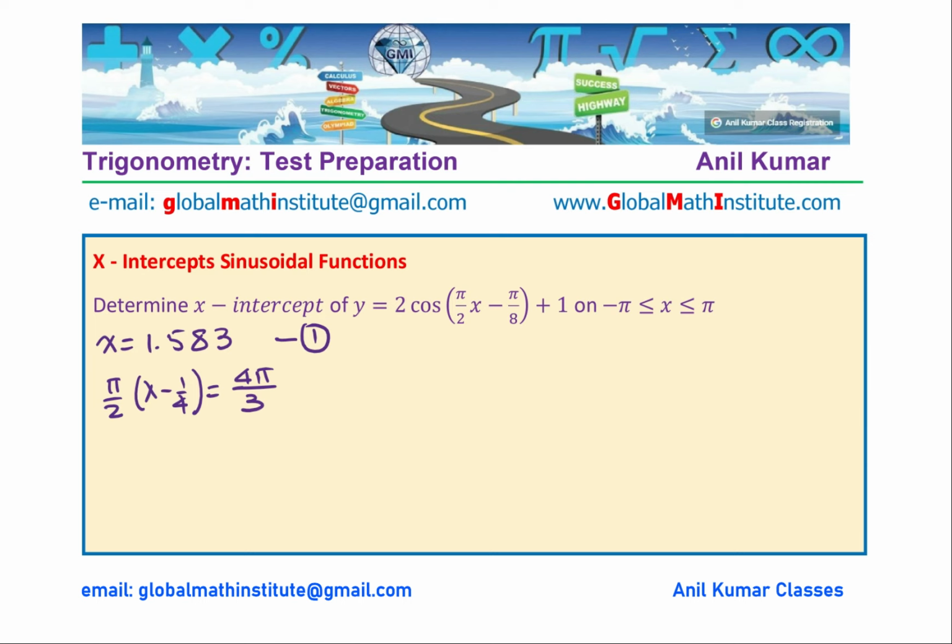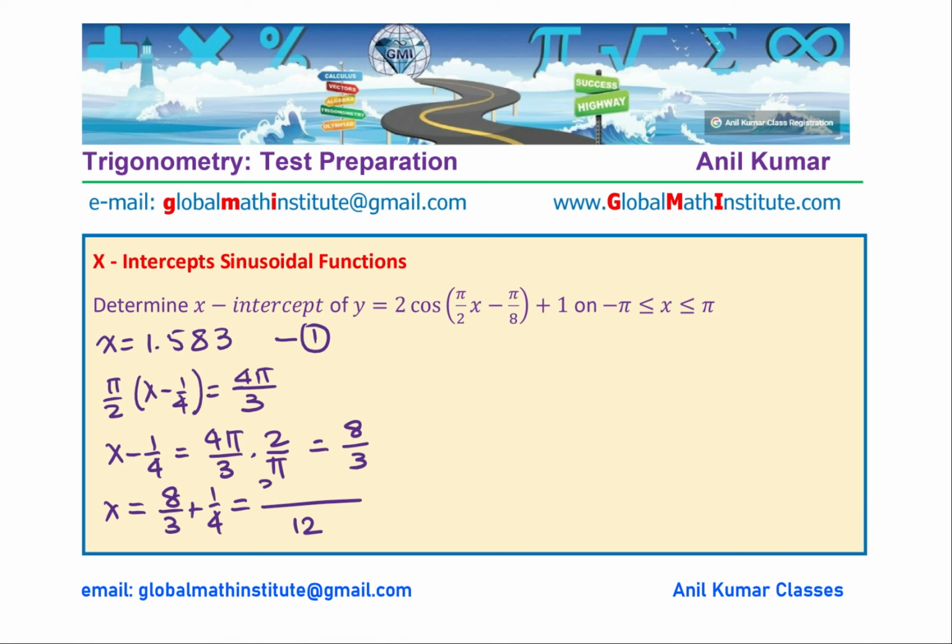Okay. So we'll do x minus 1 by 4 equals 4 pi by 3 times 2 by pi, which is pi cancel. 4 gets multiplied by 2, which is 8. So we get 8 over 3. So x is equal to 8 over 3 plus 1 by 4, which with 12 as common denominator is 32 plus 3, which is 35 by 12.